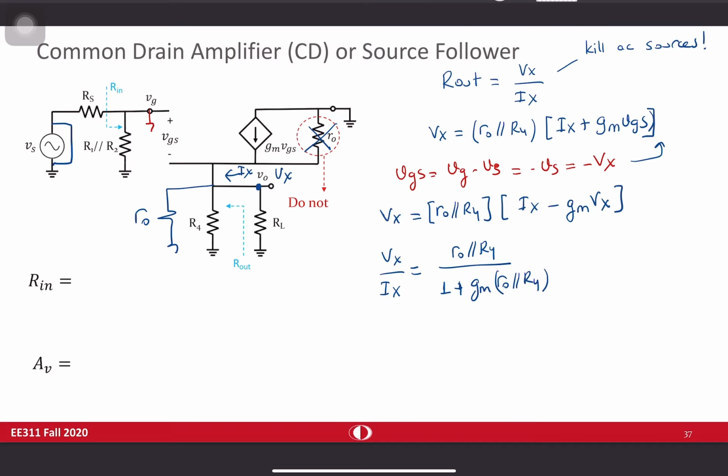Believe it or not, this is in fact equal to 1 over Gm in parallel with R0 in parallel with R4. Please show this as an exercise. Let's be mathematically correct, so I'm going to show it like an equation.